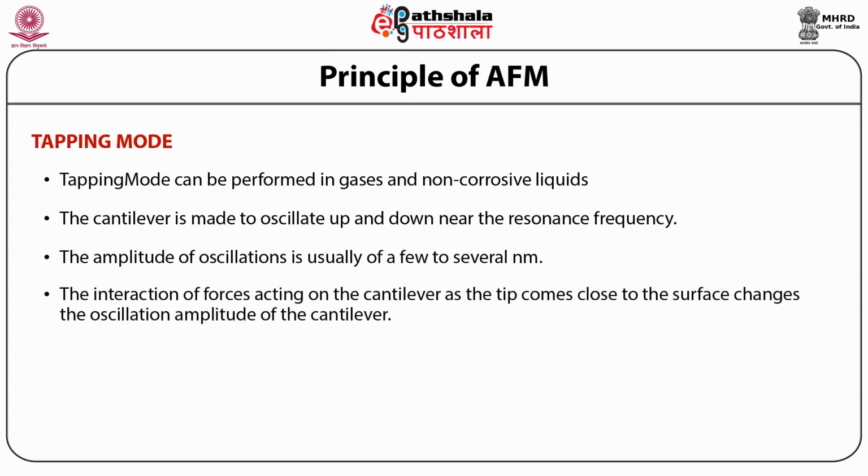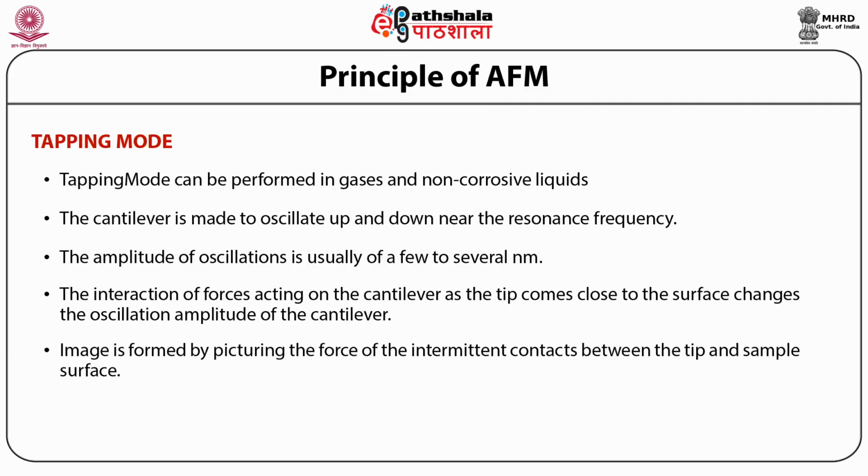The interaction of forces acting on the cantilever as the tip comes close to the surface changes the oscillation amplitude of the cantilever. The image is formed by plotting the force of intermittent contacts between the tip and the sample surface.